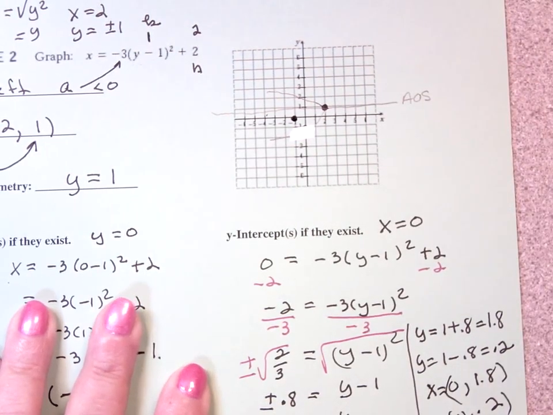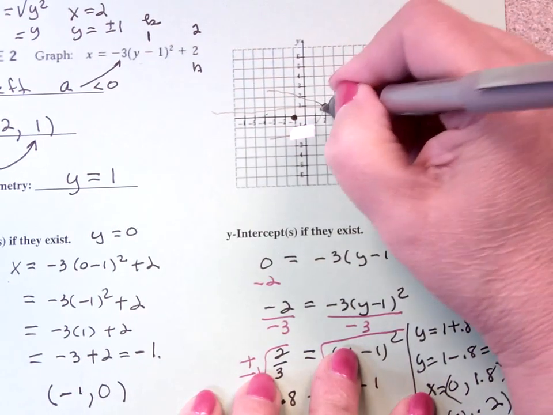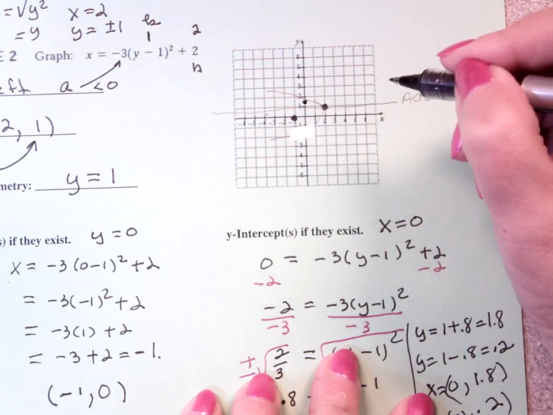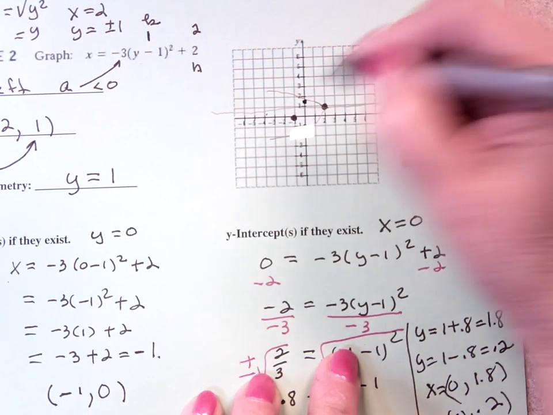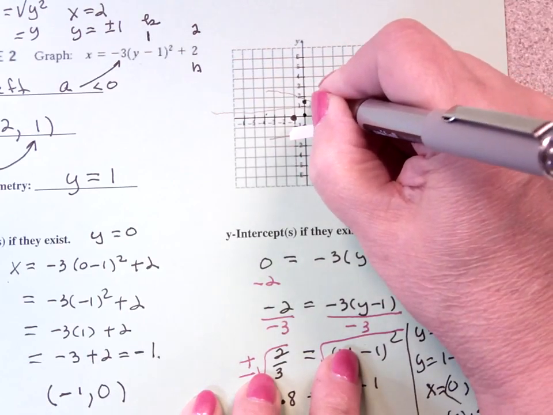So now this makes sense with these two y-intercepts. 1.8, which is about right there, and 0.2, which is about right there, and then the best we can.